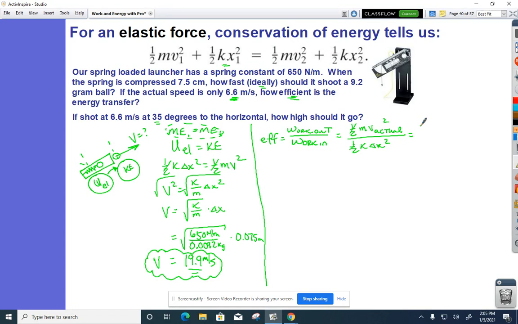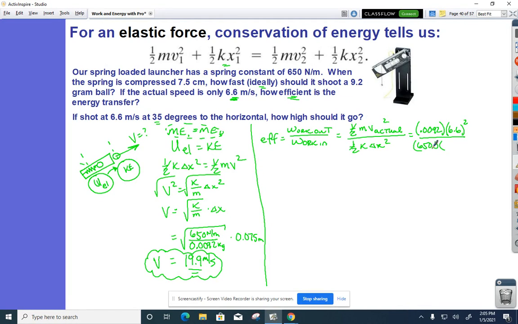So let's see. So that I have consistent units again, I can get rid of those halves, but I better put the mass in kilograms, and then my speed actually is 6.6 squared, not 19.9 squared. k is 650 newtons per meter, and I'm sort of breaking good form here.